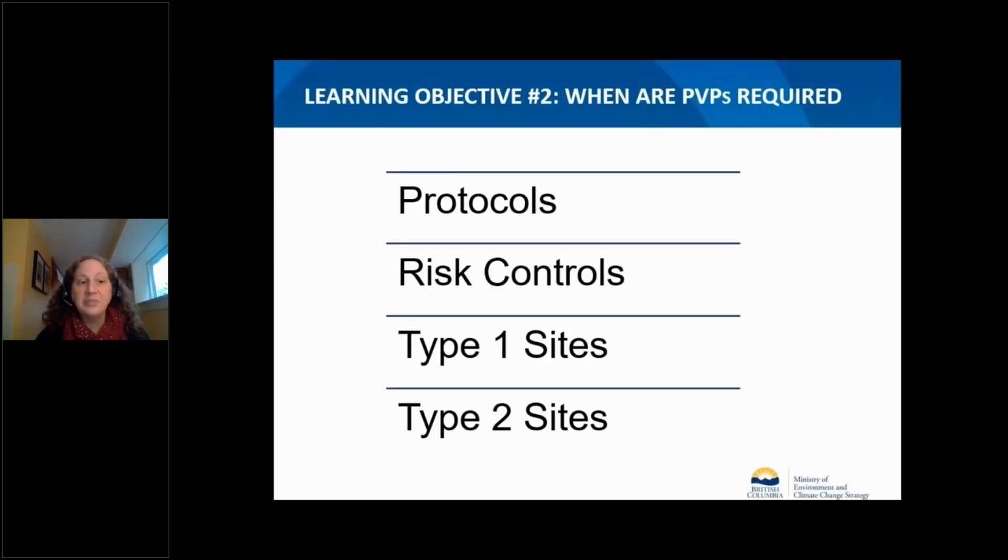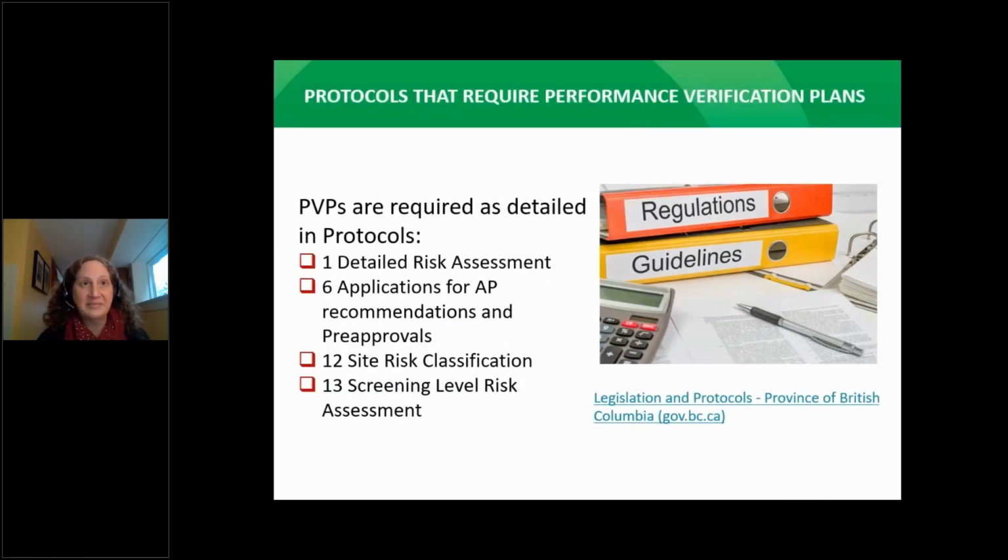I will now discuss protocols that require PVPs, risk controls, and define site types on the next few slides. Next slide, please. PVPs are required by these protocols. Protocol 1, detailed risk assessment. Protocol 6, applications for approved professional recommendations and pre-approvals.